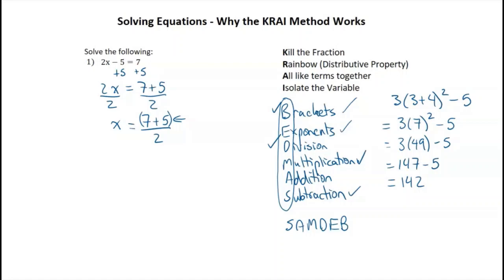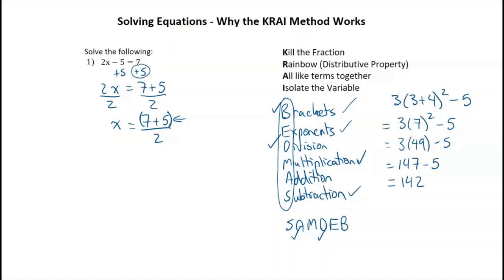How did we undo it using SAMDEB? The first thing we did is we did the subtraction or addition. We did this plus 5, and then we divided by 2. Because we added 5 in the way we did, it's like that's in brackets, and so that step has to be done before we divided by 2.